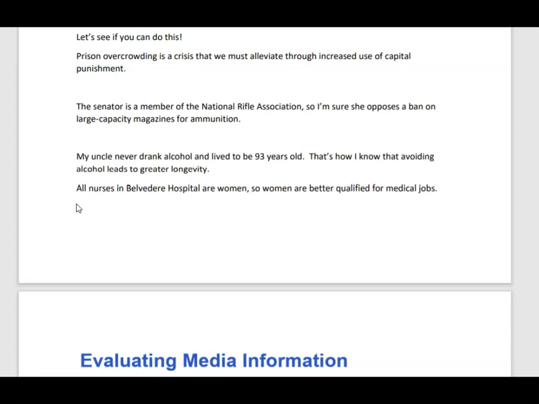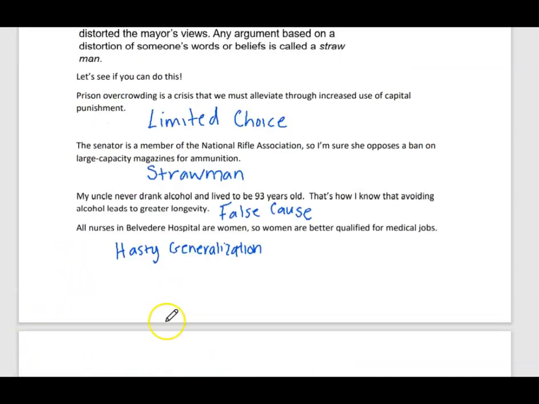Now, do keep in mind that sometimes fallacies can go with more than one. You could probably justify two fallacies for each one of these. So if I don't pick the exact ones that you pick, that doesn't necessarily mean that you're wrong, as long as you can make a good argument for it. Okay, so this is what I think.